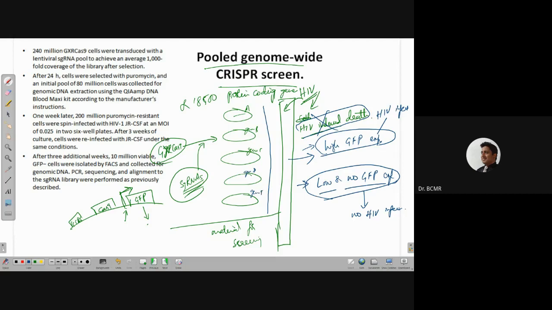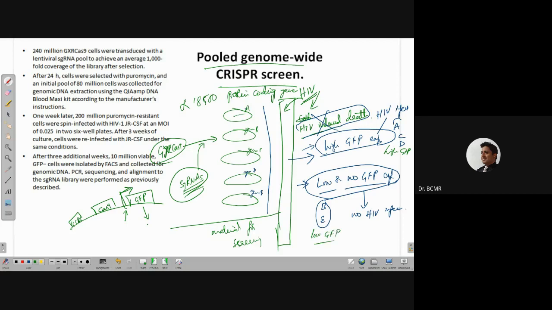Say, for example, I will just call them cell A, B, C based on their gene of inactivation. If cell A, cell C, and cell D have high GFP expression, and cell B and cell E have low GFP expression.